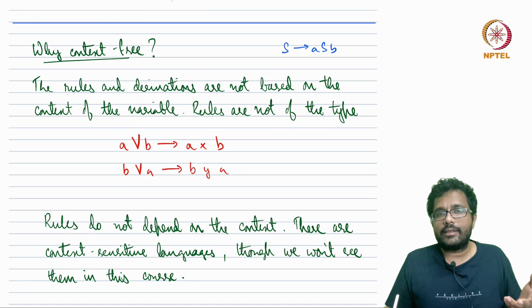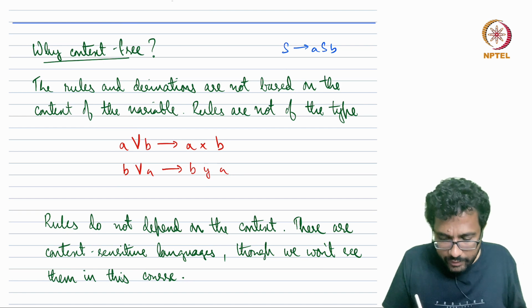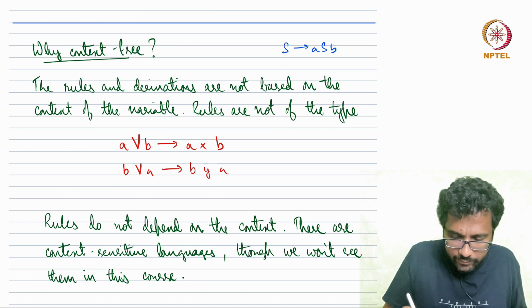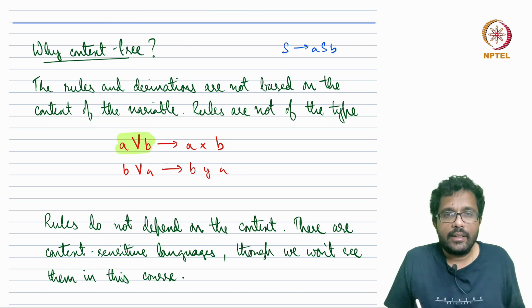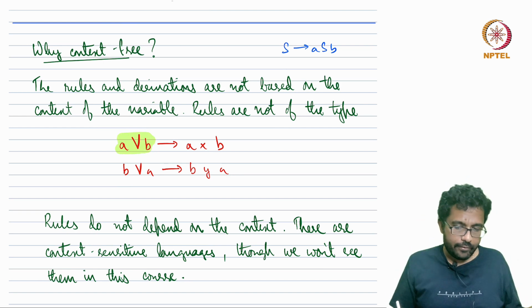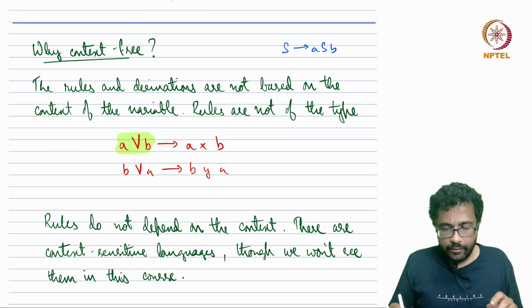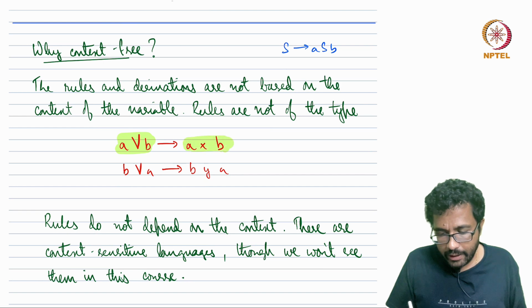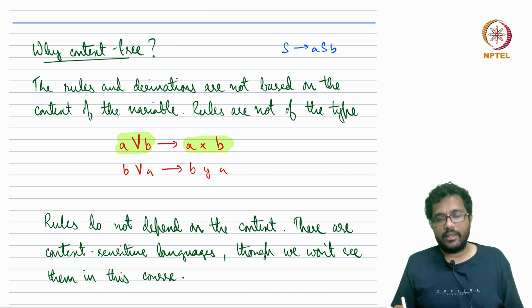Now think about the other situation where, let's say, we have rules like this: A V B, where V is some variable. Now V has A to its left and B to its right, and if that is the case, we replace V by X, so we get AXB.